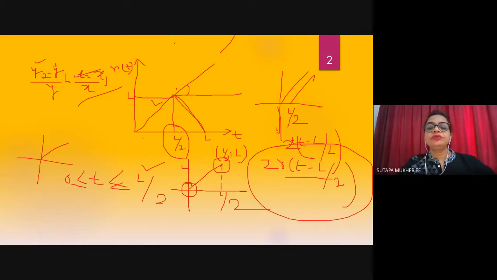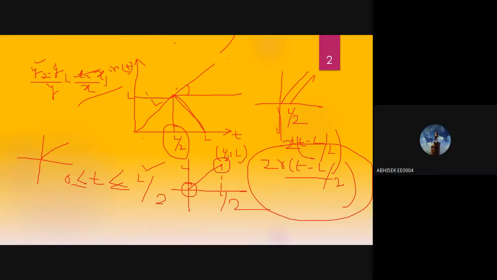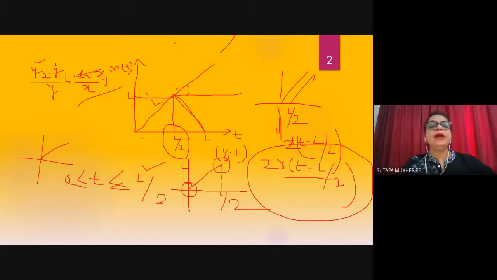And what is x2? L by 2. L by 2, fine. And what is x1? 0. Fine.